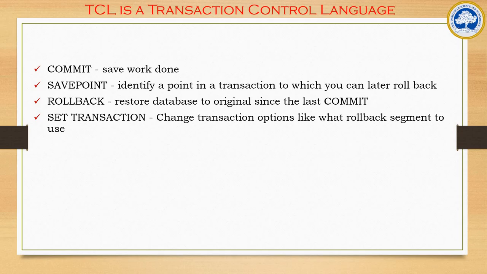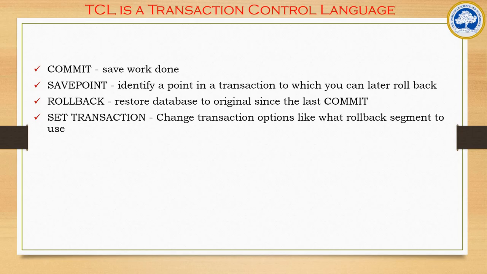Commit is like when we are typing in a Word file: when it's a huge file, we intermittently press Control S, so that the work done up to that point is saved. The same kind of work happens here: commit saves the work done. Once we give the commit, everything up to that point will be saved.